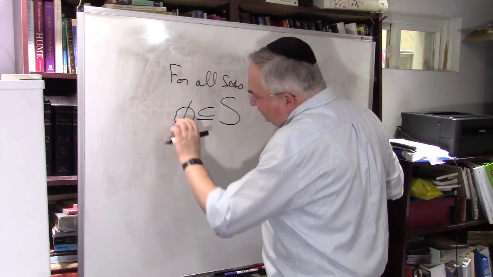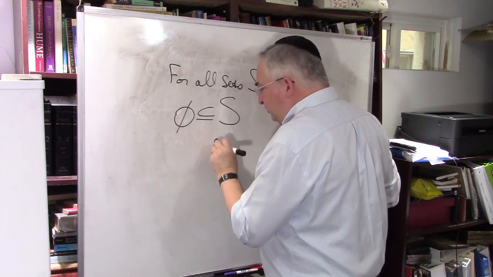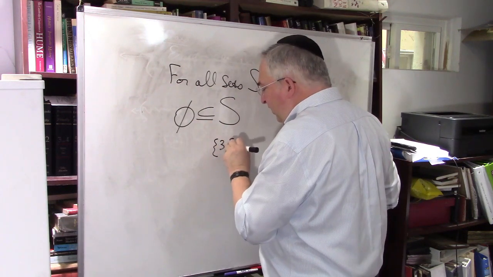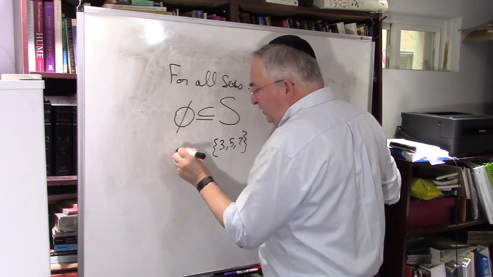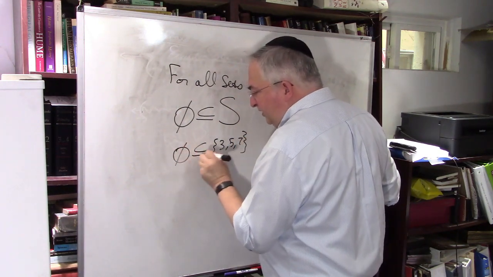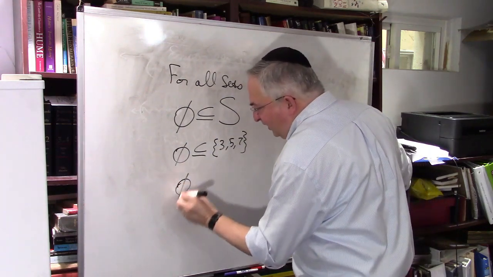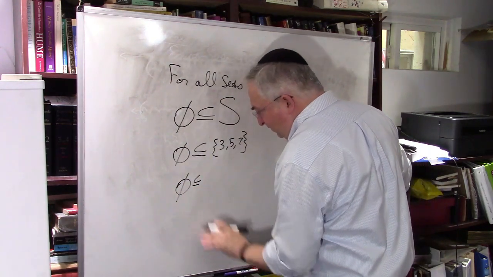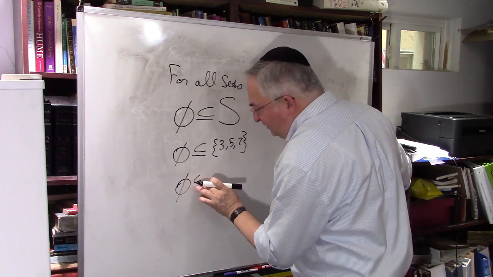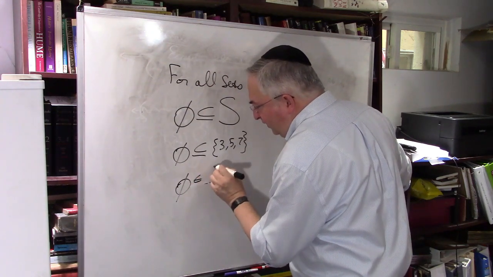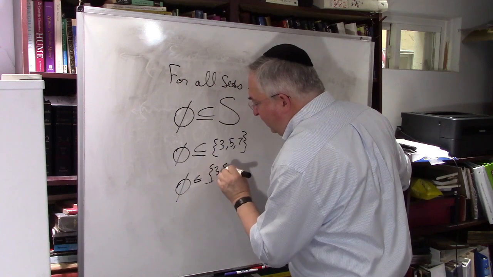So again, I just want to do a real example, 3, 5, and 7. The empty set is a subset of that. Now that doesn't mean that the empty set is an element of this set.